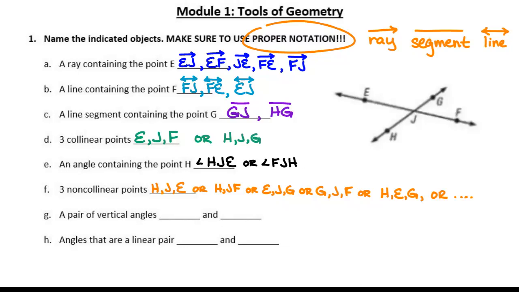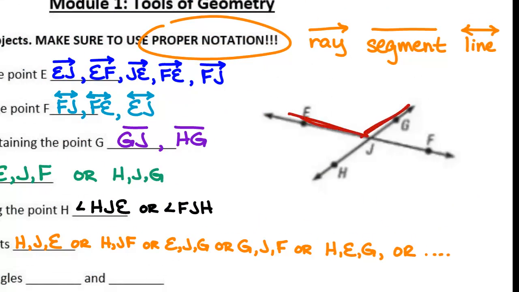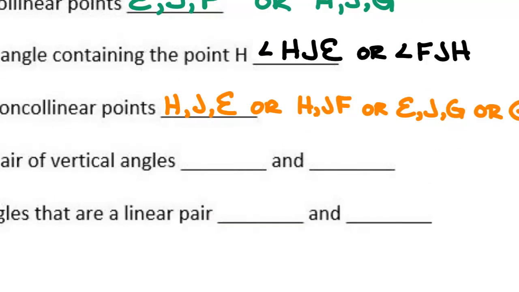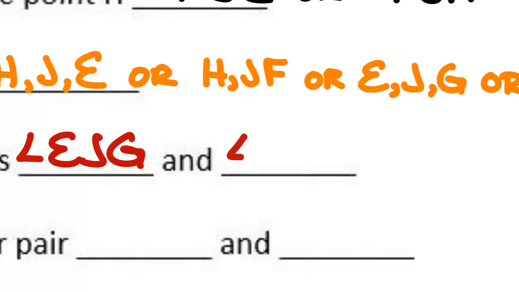A pair of vertical angles. So I could do this angle up here and this angle down here. So angle EJG, and angle HJF.